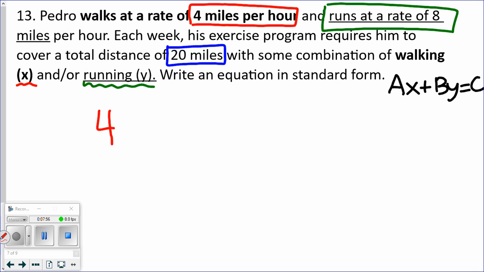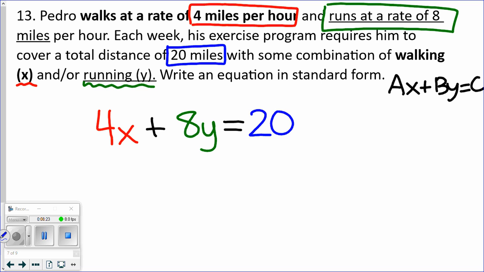And the variable that we use for walking is x, plus, let's look at what's in green. Let's focus on his running. That's 8 miles per hour. And we use the variable y. And what is the total distance he's trying to reach? 20 miles. So I have ax, 4x, plus by, so 8y, equals c, which is 20.